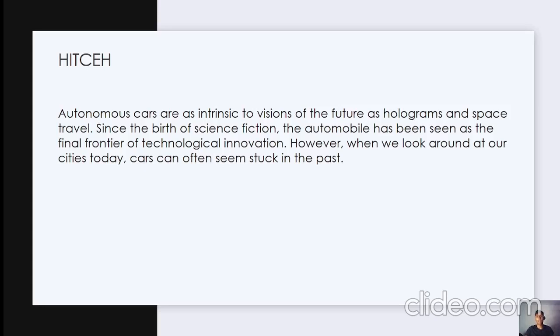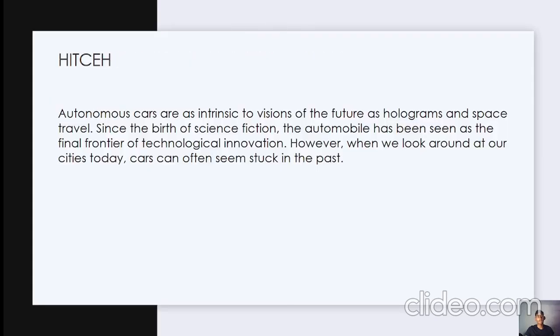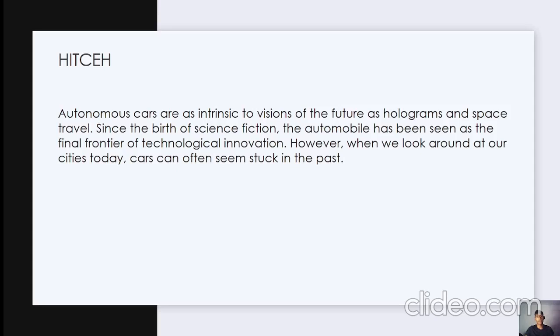The automobile has been seen as the final future of technologies and invention. However, when we look around at our cities today, cars can often seem stuck in the past. High-tech cars use autonomous driving, connected vehicles, and shared mobility, same as EVs. High-tech cars are more advanced and can drive themselves using AI and other high-tech features.